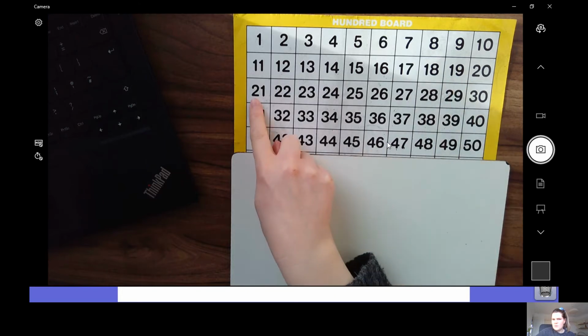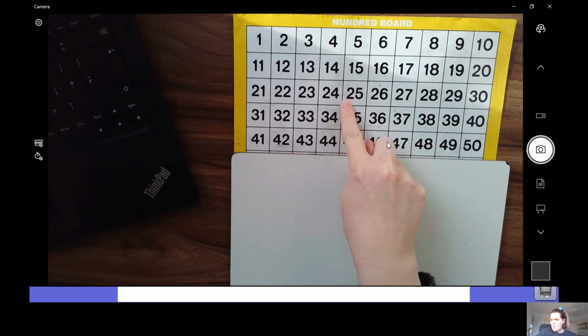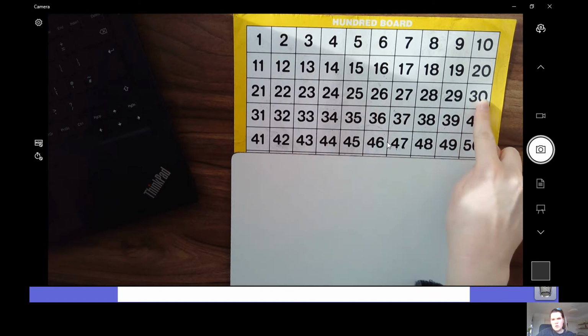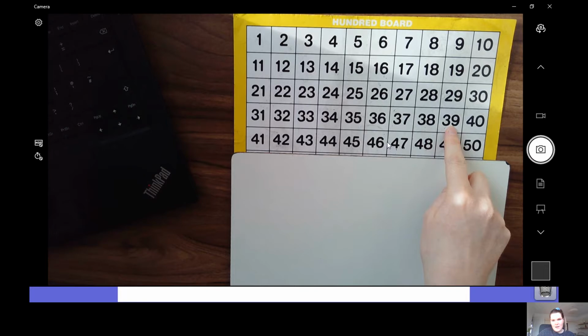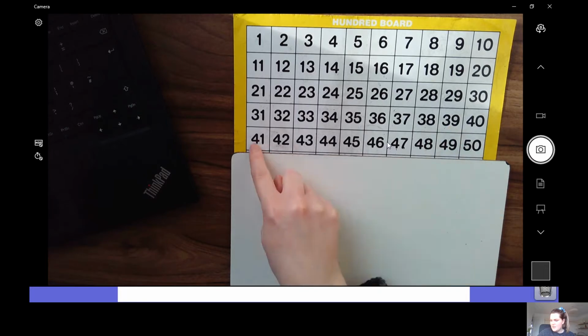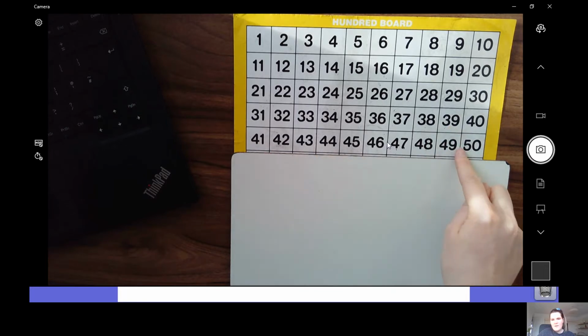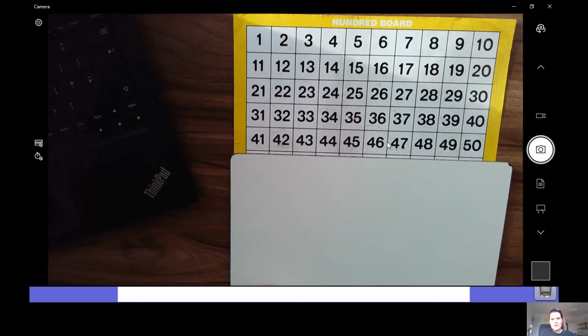These numbers all start with a number 2 until we get here. Very good. These numbers start with a number 3. And these numbers start with a number 4. So when we look at this grid, we can start to spot some patterns.